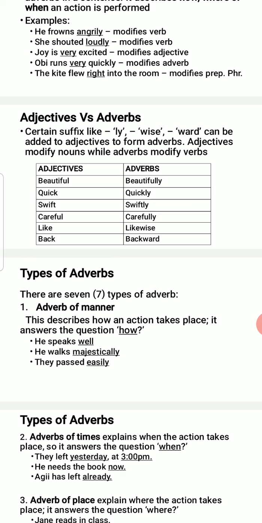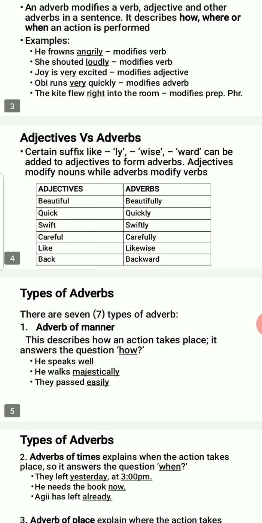Beautiful in that sentence modifies John, which is the noun in the sentence. But we can go further to say John dresses beautifully. And when we say that, you can see that the emphasis is removed from the noun, which is John, to the verb, which is dresses.